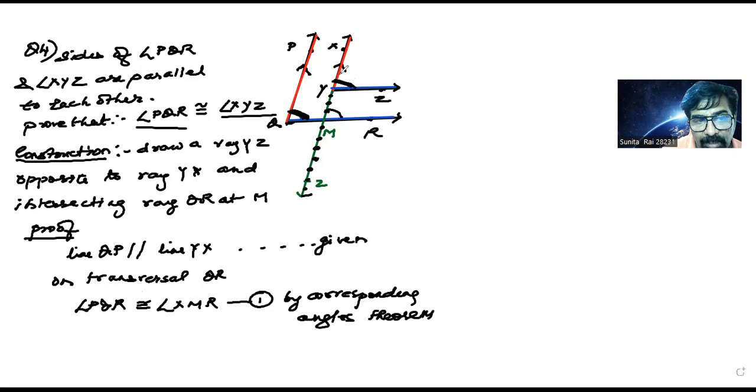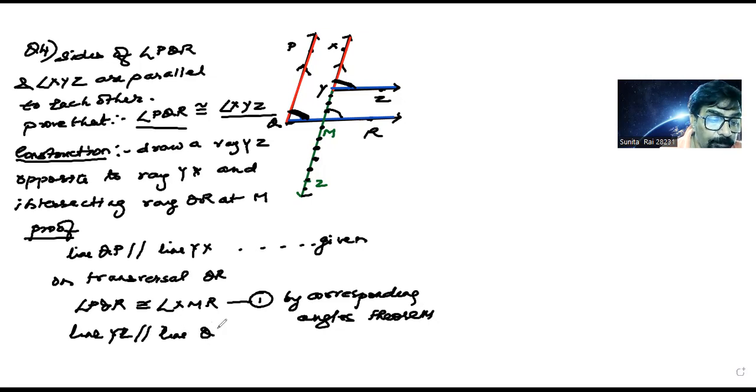So naturally angle XYZ is congruent to angle XMR again. So what am I going to do? First, I write that instead of ray, I call it a line, children. Line YZ is parallel to line QR.